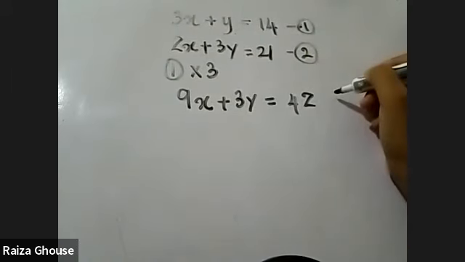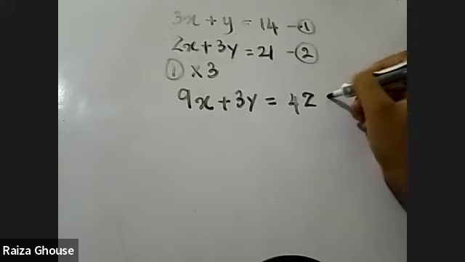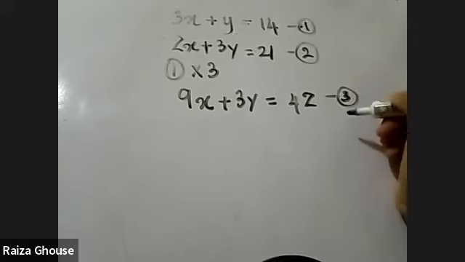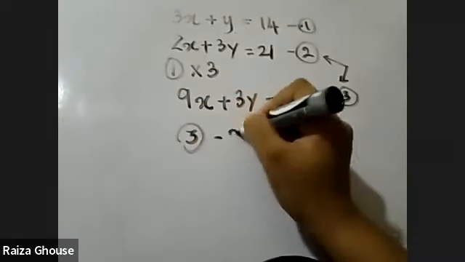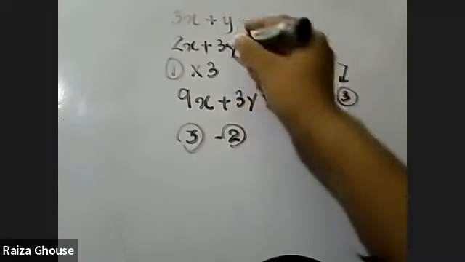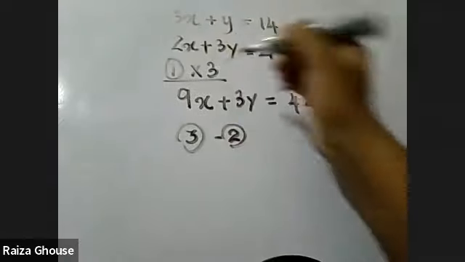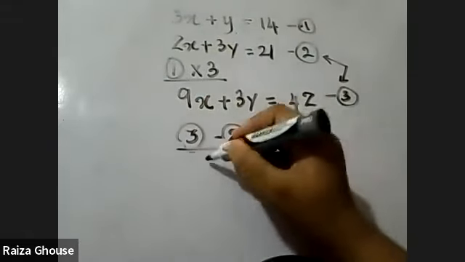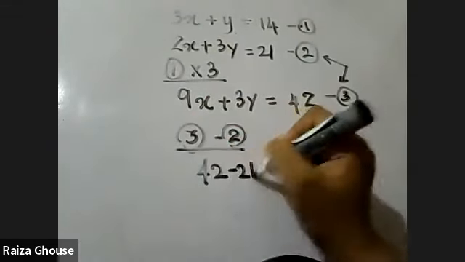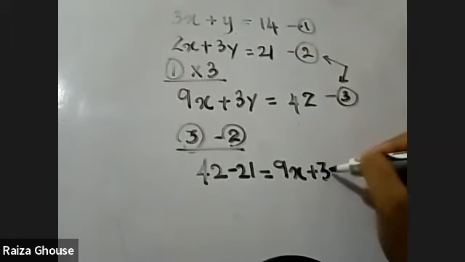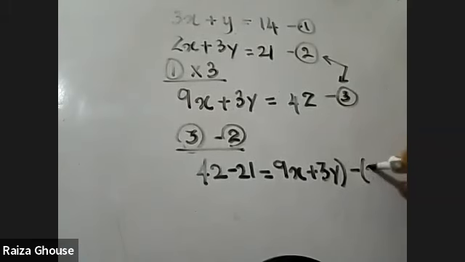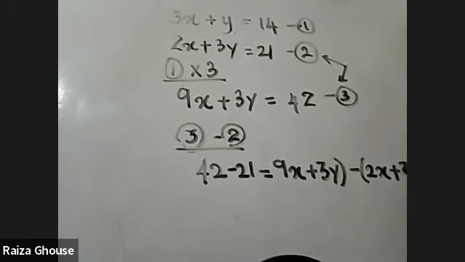Is it okay, Azima? Yes. Now I'm considering these two equations. The bigger one is 3, so 3 minus 2, because both have the same symbol, same coefficient. Now 3 minus 2 means 42 minus 21 equals 9x plus 3y minus 2x plus 3y.